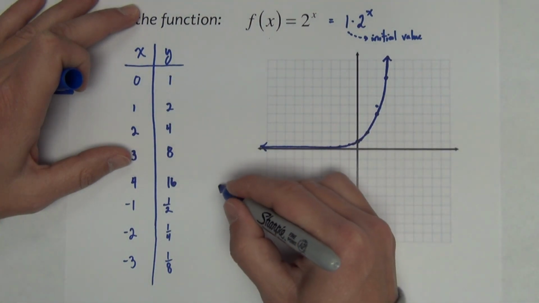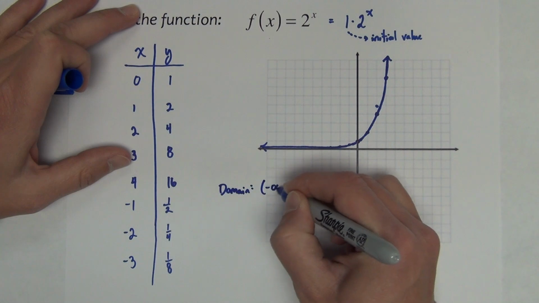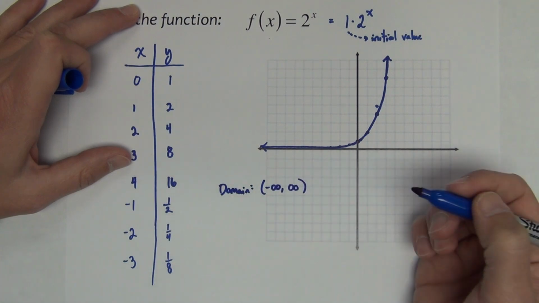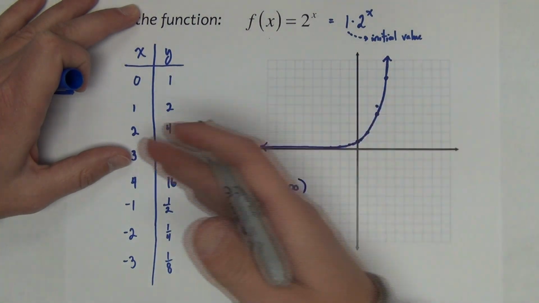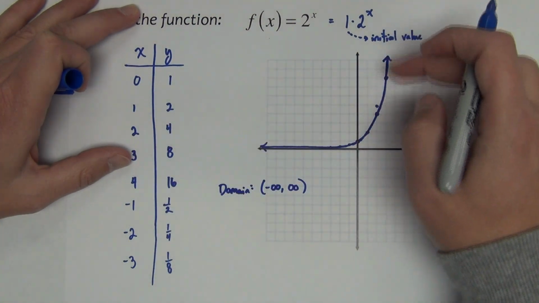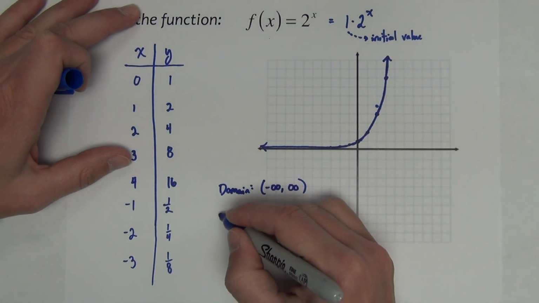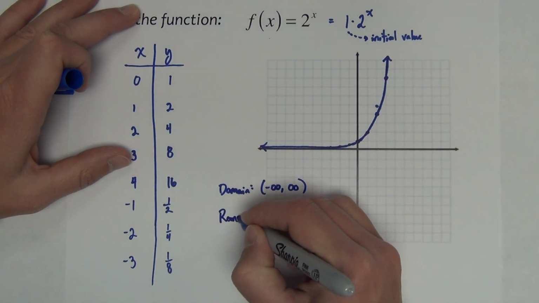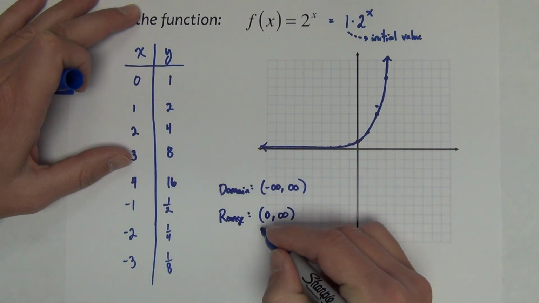Now, for this graph, its domain is negative infinity to positive infinity. As we can see, it's going left forever, and even though it's kind of shooting up, it's not straight up. It is still coming out to the right, and its range is 0 to infinity.